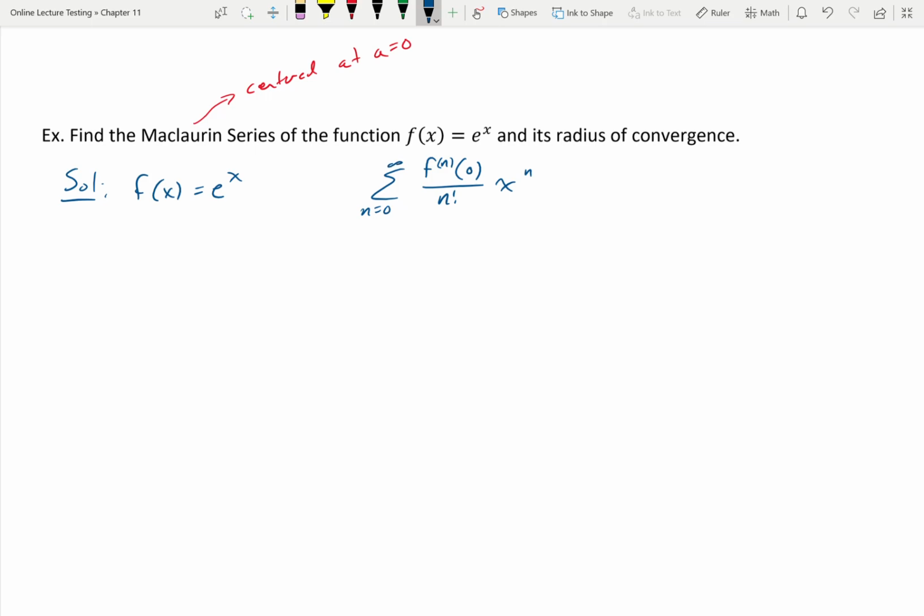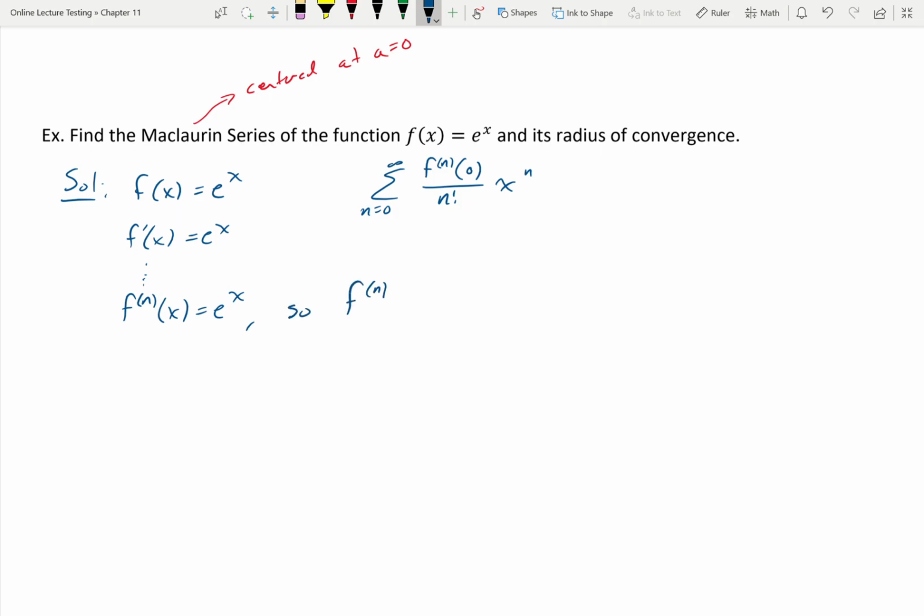The nice thing, and why we start with this, is that no matter how many times we take the derivative, if we take the first derivative, we get e to the x. If we take the millionth derivative, or the nth derivative, we get e to the x. This is a very beautiful function in that sense, because every single derivative is exactly the same as the previous.